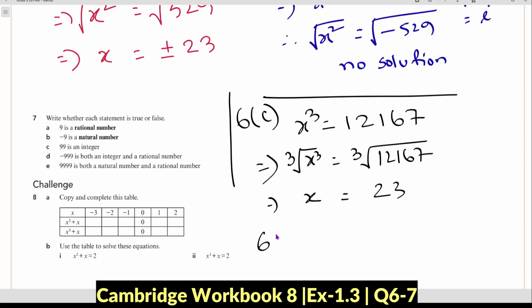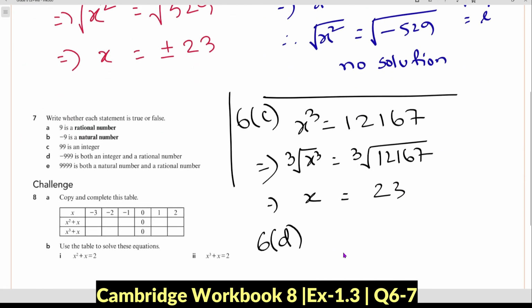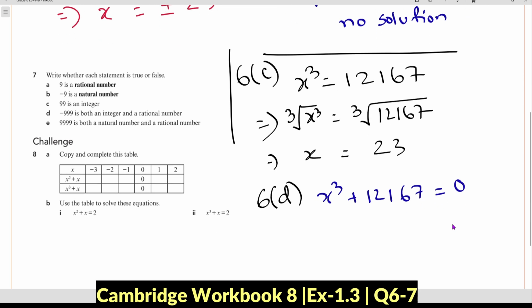Now 6D, here is x cube plus 12167 equals 0. So this one we can write x cube, we subtract both sides by 12167, so equals minus 12167.